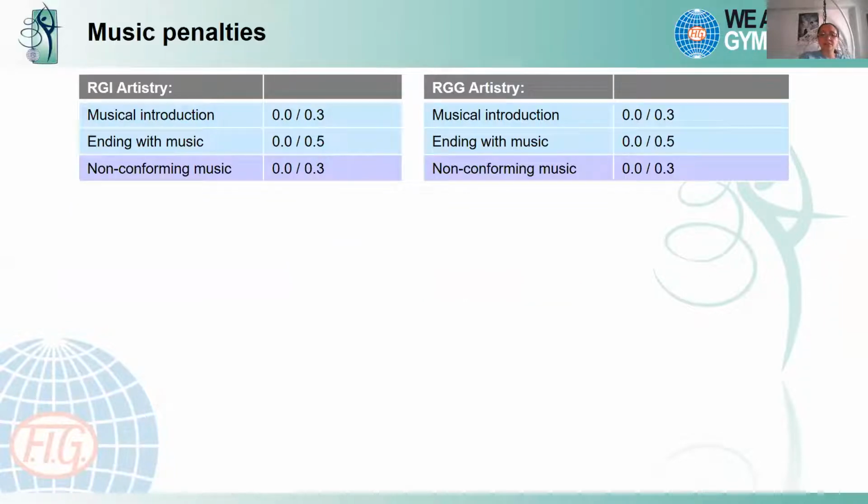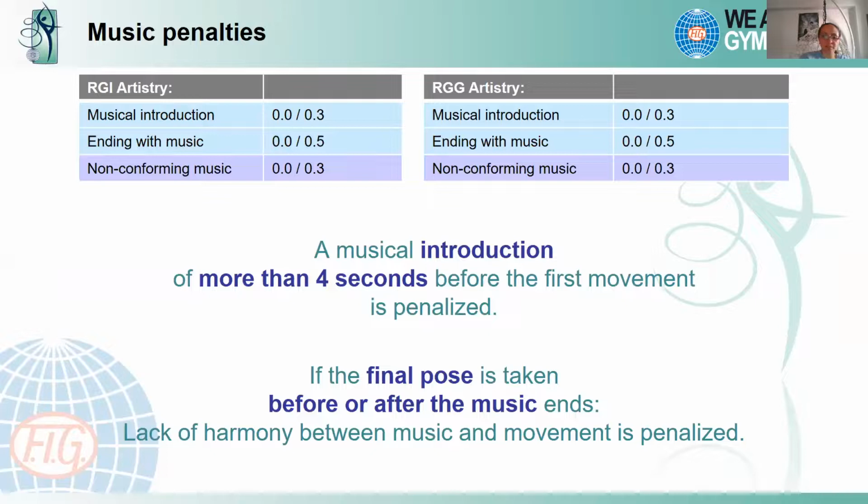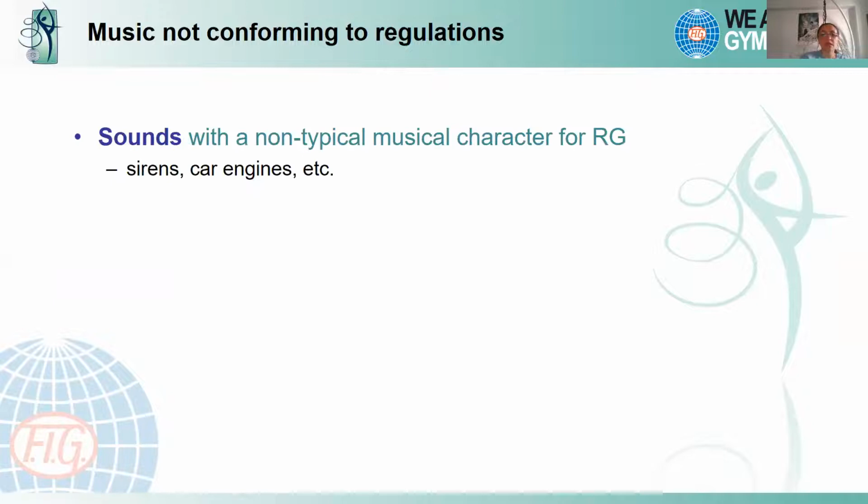Music penalties. We have the music introduction and ending with the music, non-conforming music. A musical introduction of more than 4 seconds before the first movement is penalized. If the final pause, as I told you, before or after the music ends, or lack of harmony between music and movement, is penalized. What is non-conforming music?